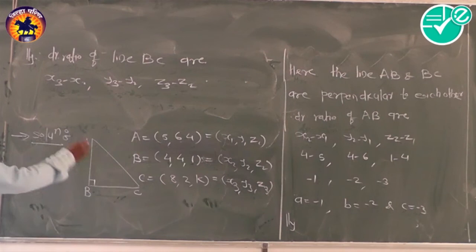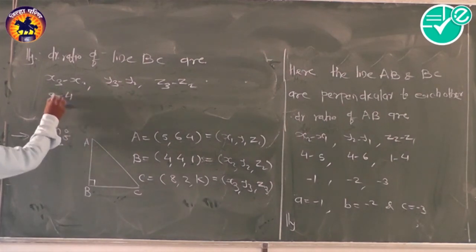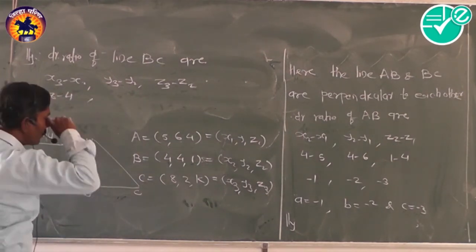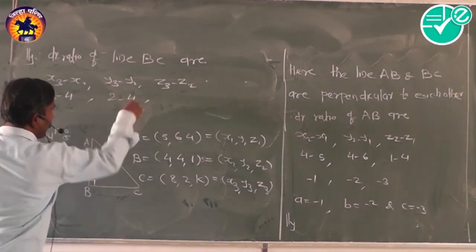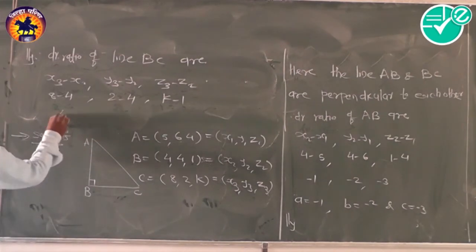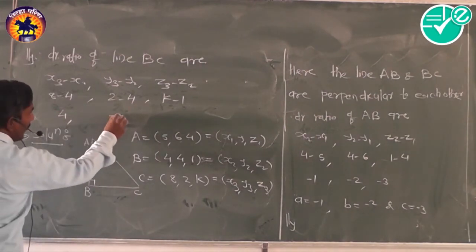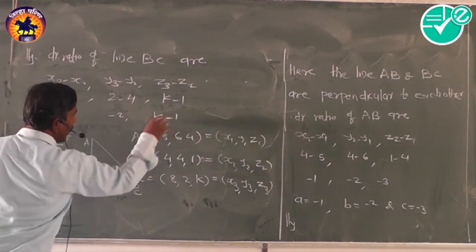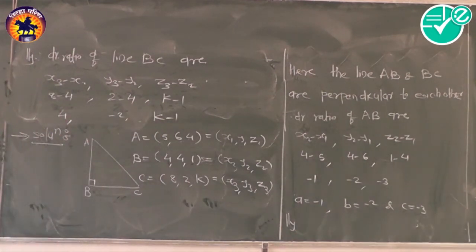Put the values. So 8 minus 4, 2 minus 4, k minus 1. So this will be 4, this is minus 2, and that is k minus 1. These are the direction ratios of line BC.